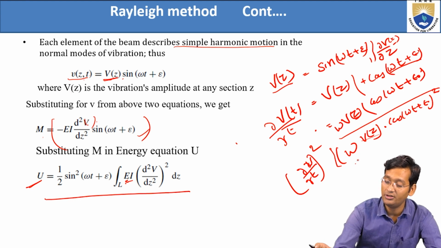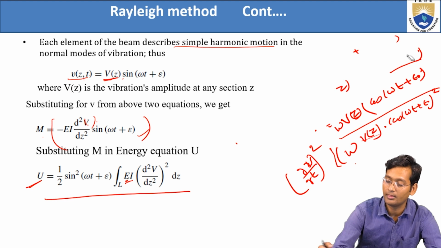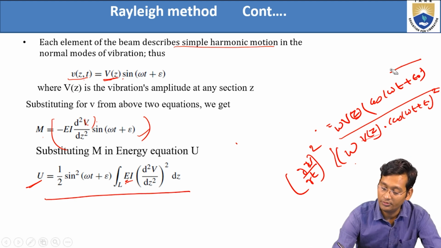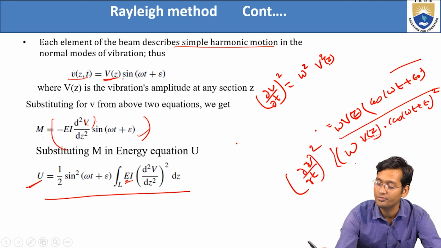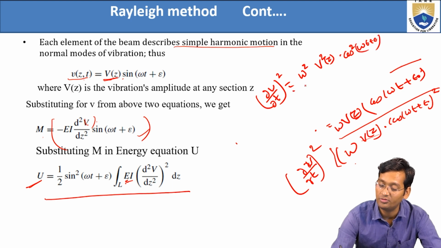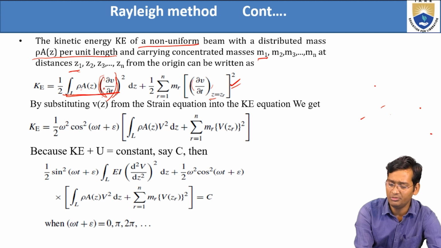So from this we can write here, (∂v/∂t)² equals what? ω², right? V²z into cos²(ωt + ε). Okay, so this will be (∂v/∂t)². So substitute (∂v/∂t)² here also.